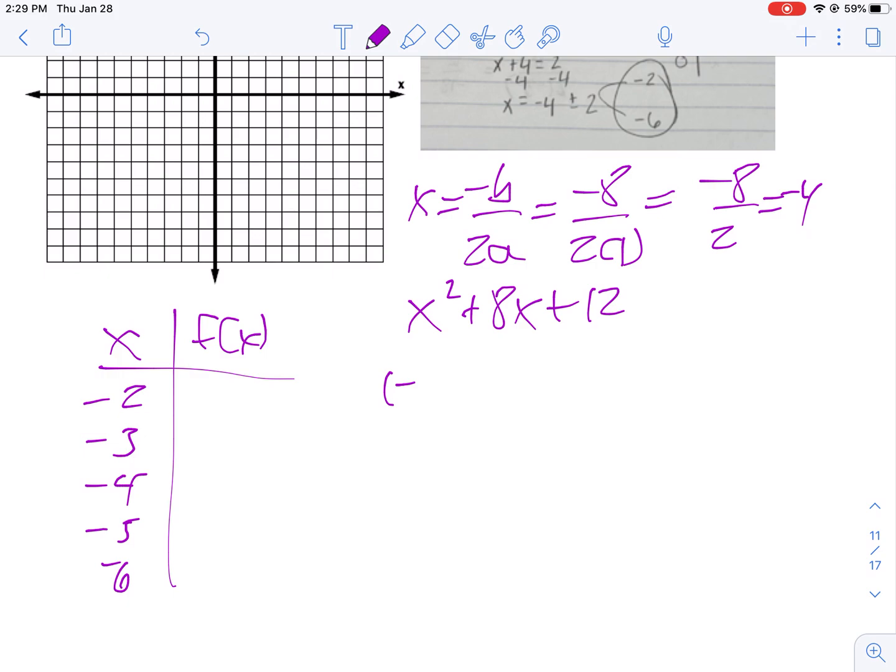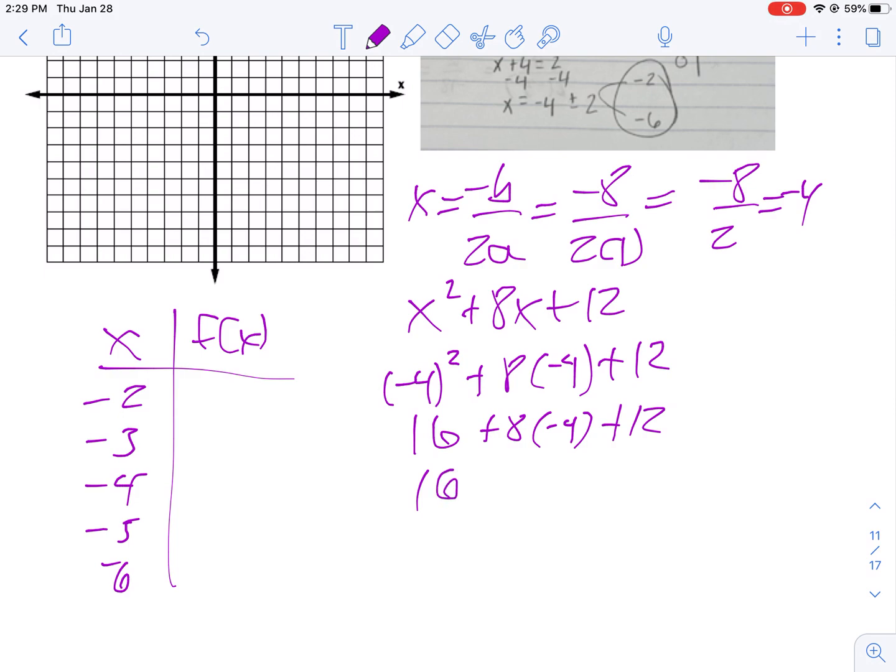So I have -4 squared plus 8 times -4 plus 12. -4 squared is 16, plus 8 times -4 is -32, plus 12. 16 minus 32 is -16, plus 12 would give me -4, won't it? So -4, -4 is your vertex.